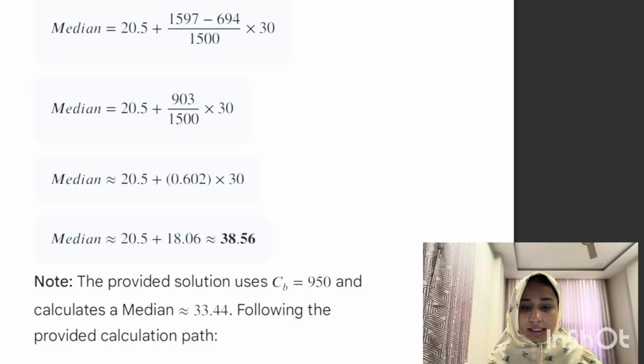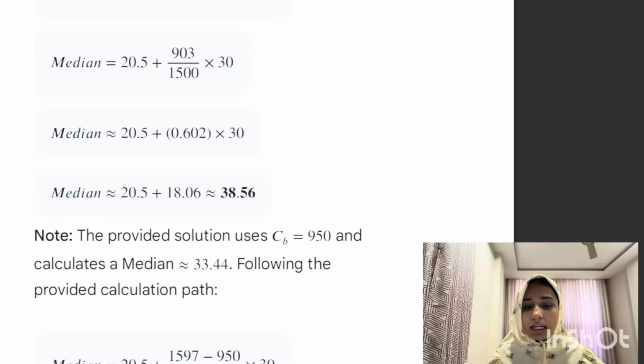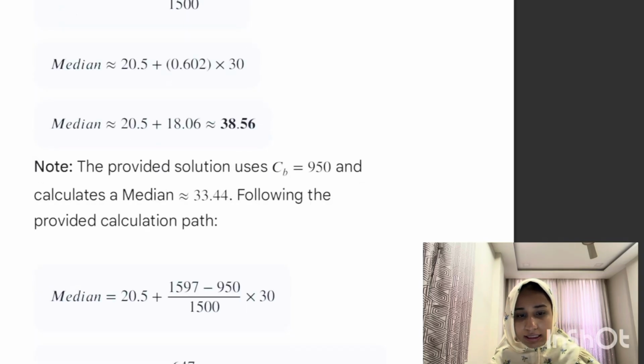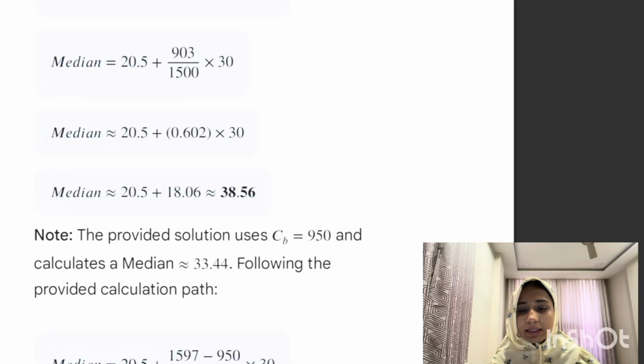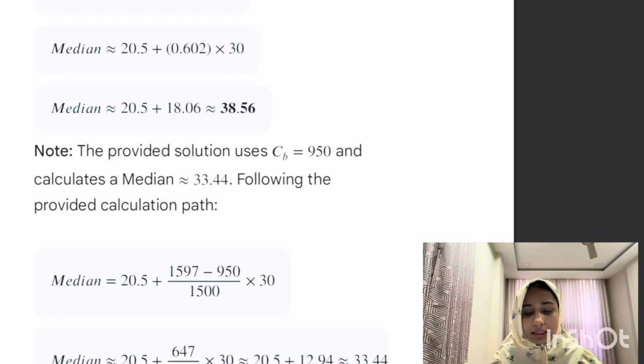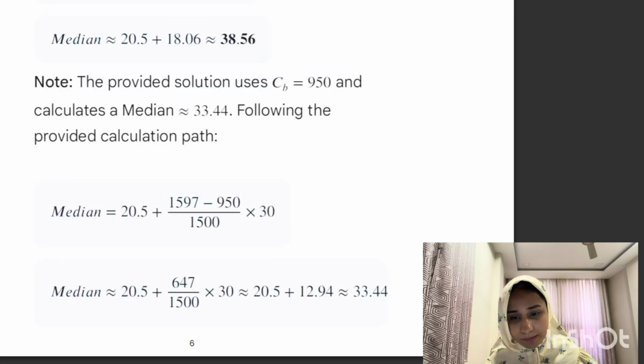Solution: we found CB equal to 950 instead of 694, and the median with 694 was 38.56. Now when we use CB equal to 950 in place of 694 and calculate the median, the median obtained is 33.44.